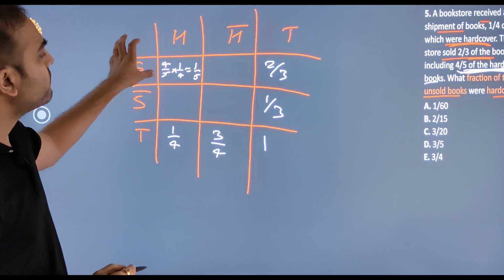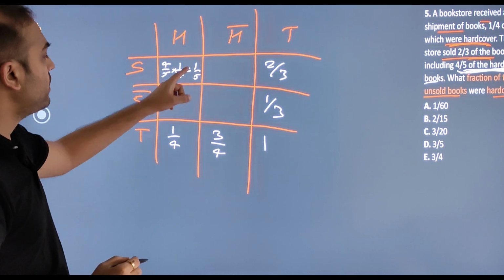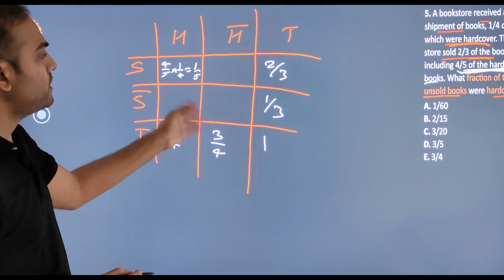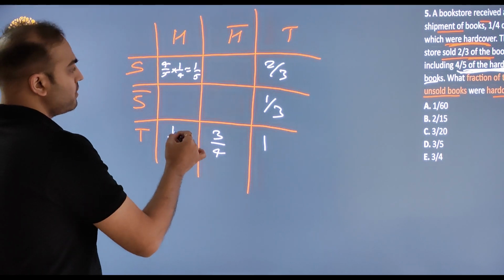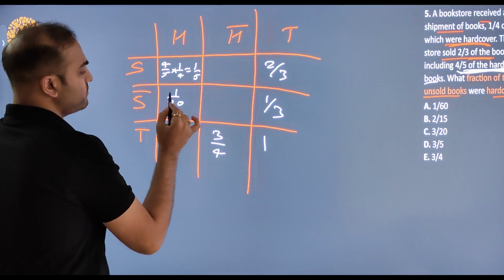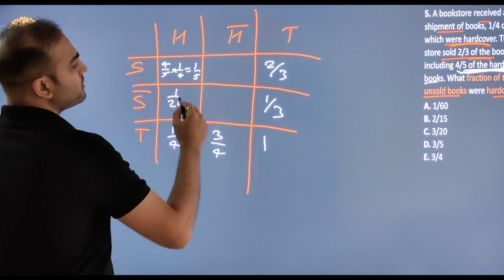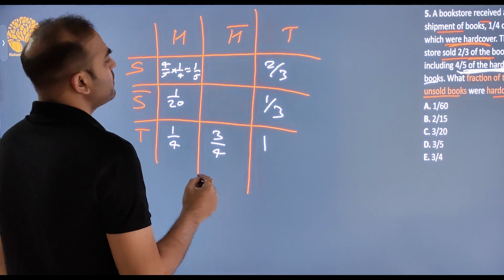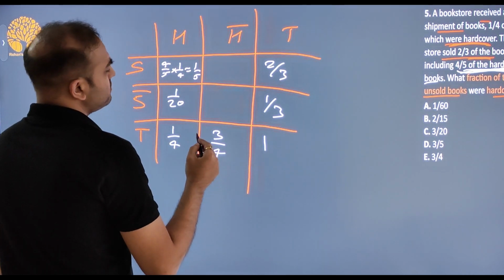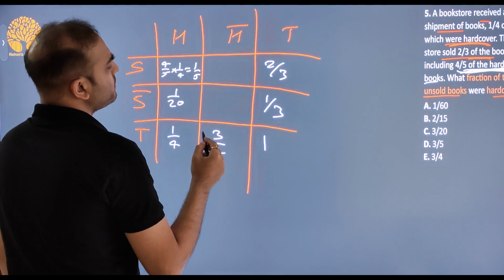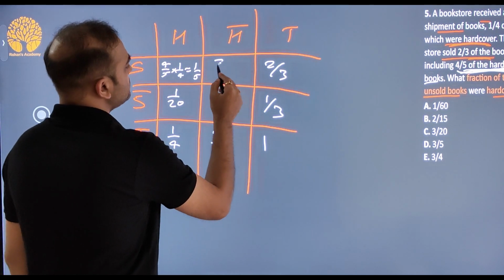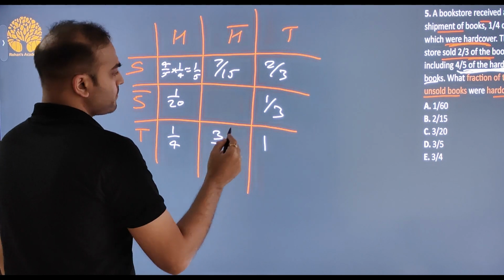Okay, so hardcover and sold is 1/5. Now that I have this fraction, let's just subtract. 1/4 minus 1/5 is 1/20. 2/3 minus 1/5 is 7/15.